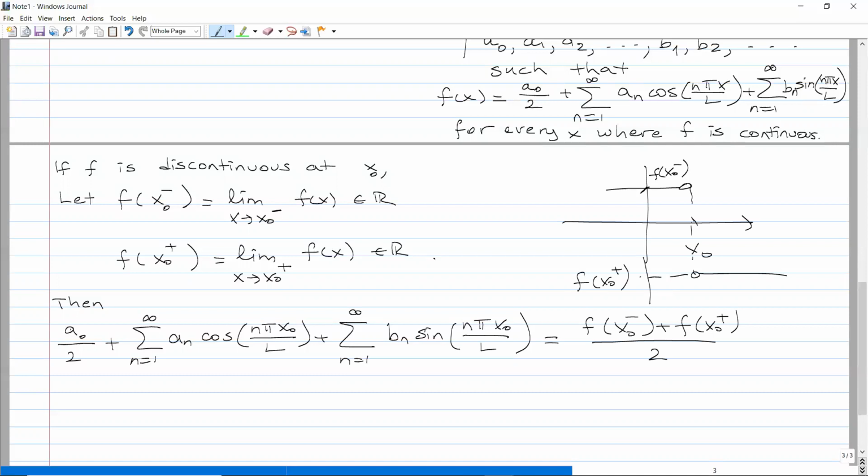Then this series converges to the average of the two numbers. f of x0 can be anything, we don't care. But at the points where f is continuous, the series converges to f of x.